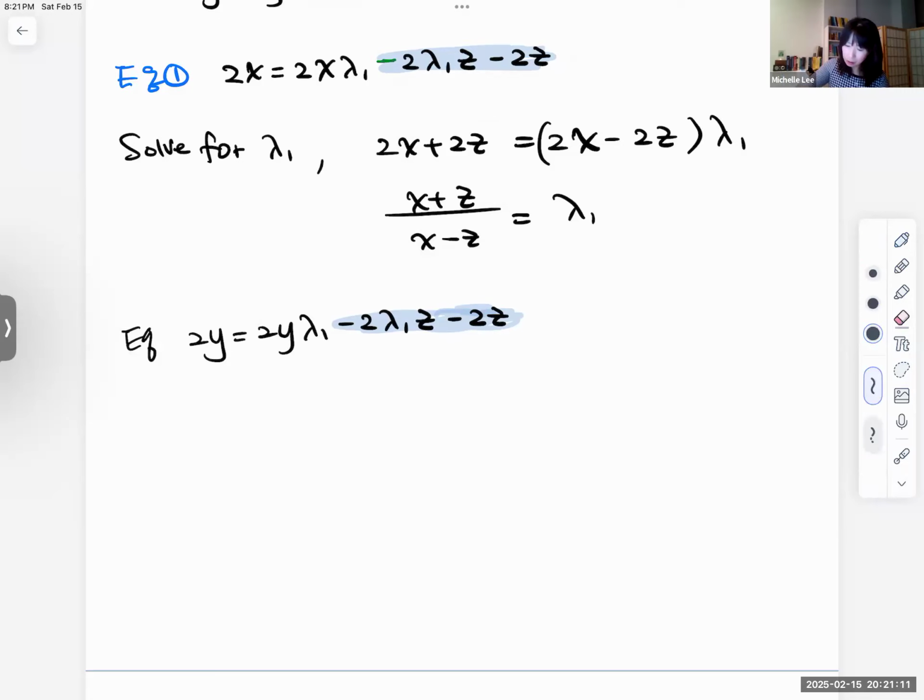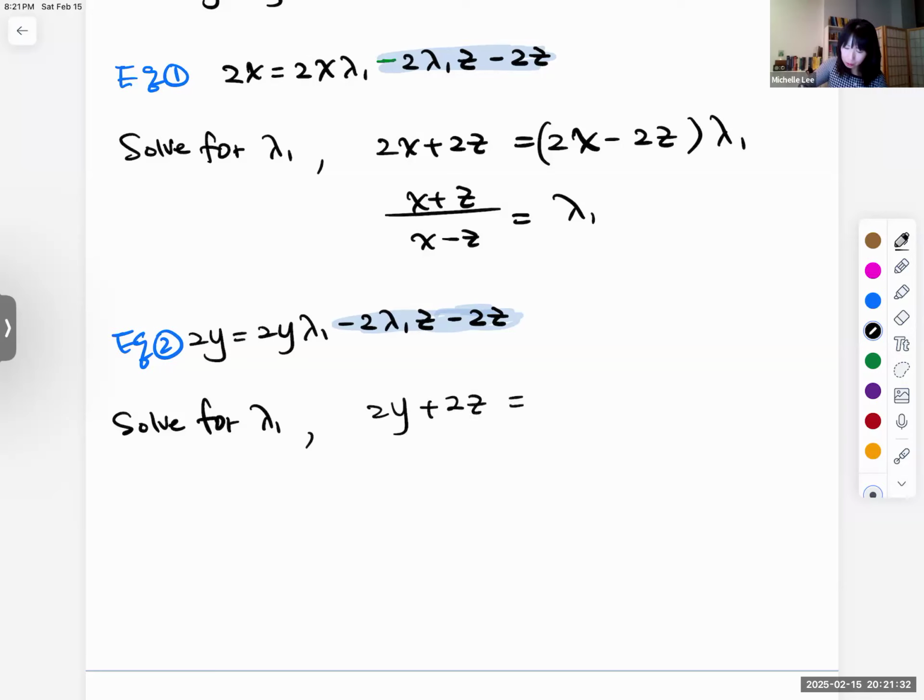Same processing, solve for lambda 2. I'm sorry, lambda 1. Solve for lambda 1. So we have 2y plus 2z equal to 2y minus 2z times lambda 1, factoring out lambda 1.